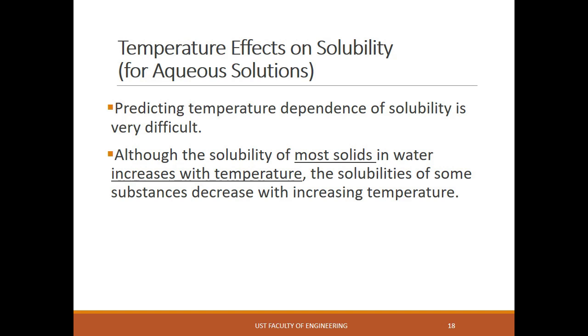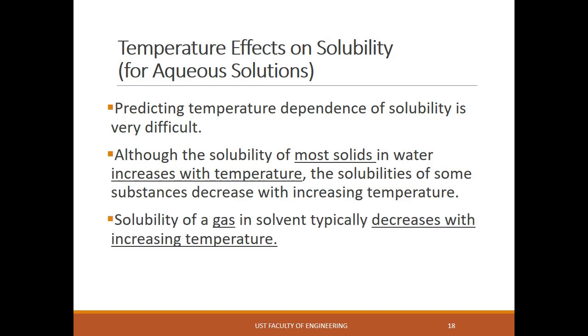The variation of solubility with temperature has been measured for a wide range of compounds, and the results are published in many standard reference books. The solubility of gases in liquids is much more predictable. The solubility of gases in liquids decreases with increasing temperature.